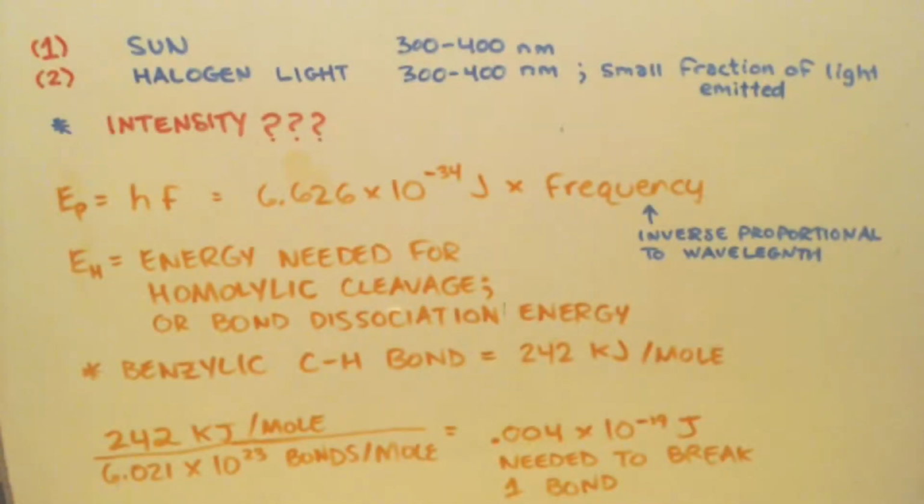Now, if you're going to buy a special UV light that just does UV, keep in mind, just getting 300 to 400 nanometer doesn't mean it's going to work because of a thing called intensity. And I didn't look this up, I don't know if that's the correct word or terminology.